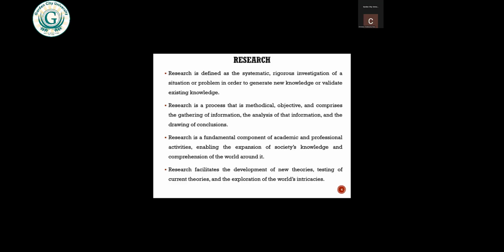So you first gather the data, you will analyze the data, and then from your analysis, you will draw conclusions. So these are the basic steps involved in research.